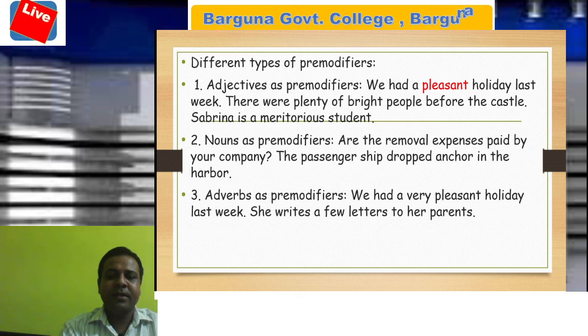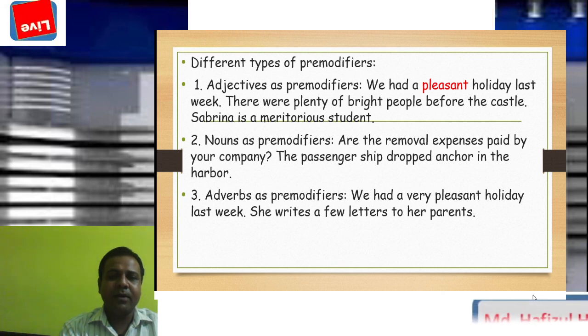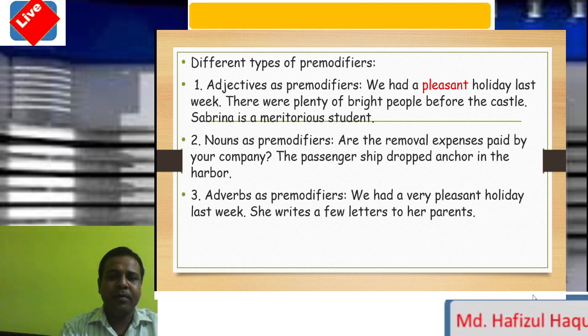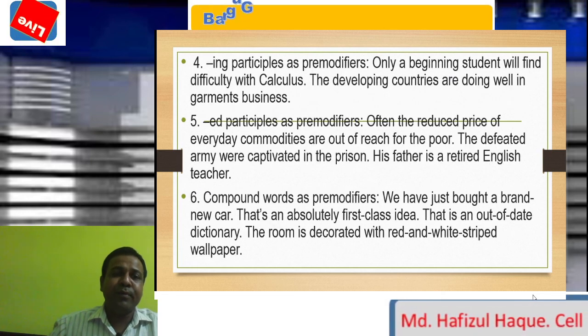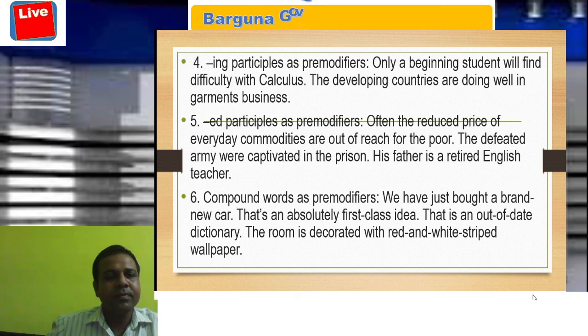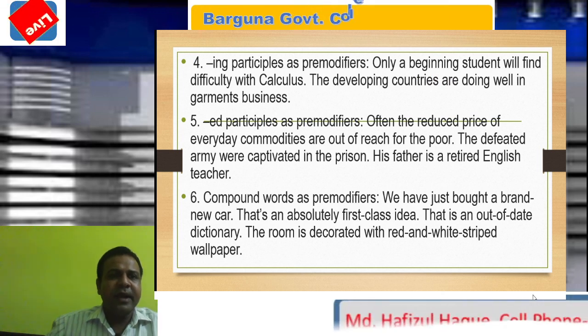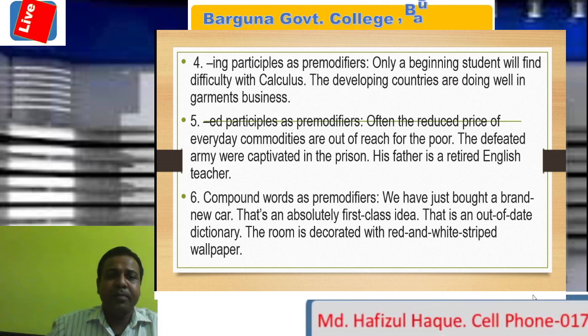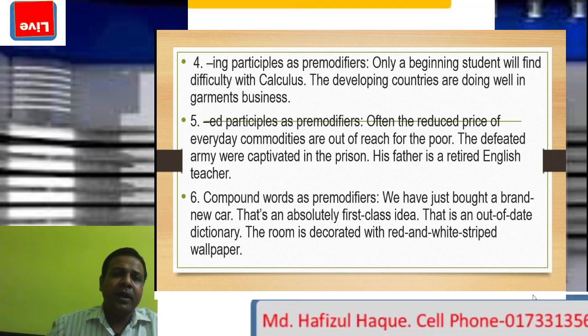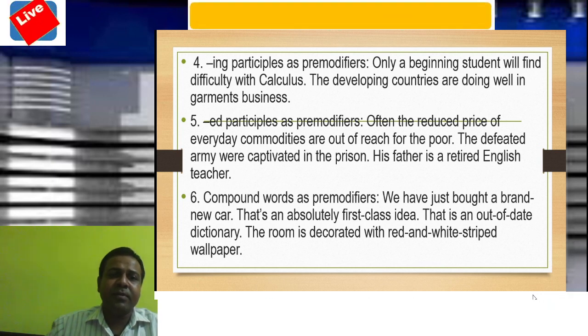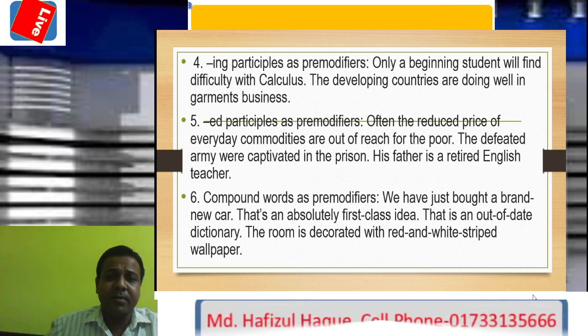There are other things that can also be used as pre-modifiers. Number 4. Here ing forms or participles can be used as pre-modifiers. Ing forms, that is participles, you have an idea about present participles.